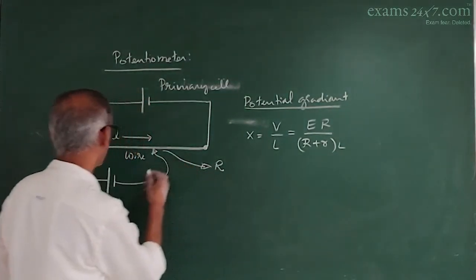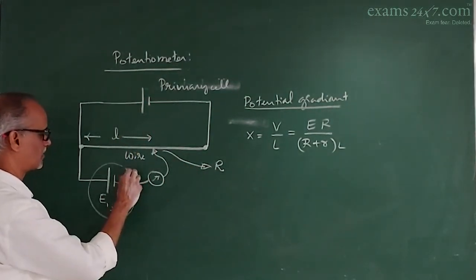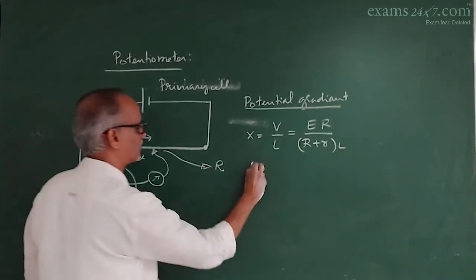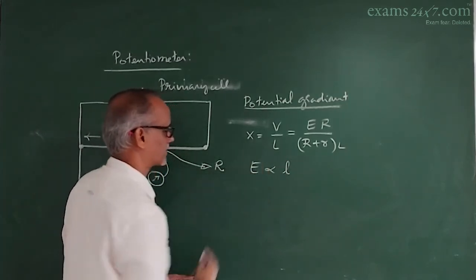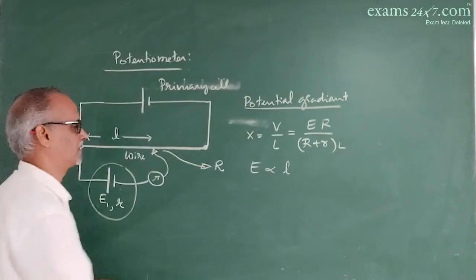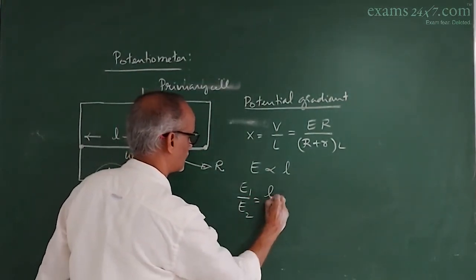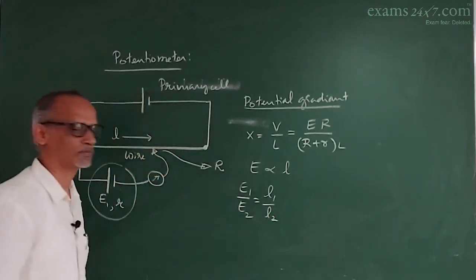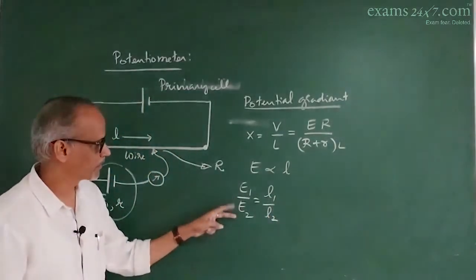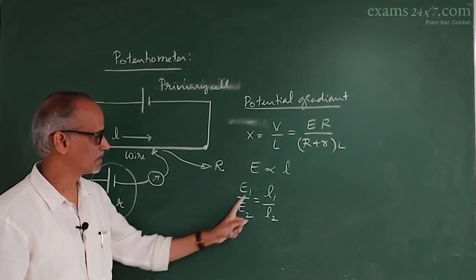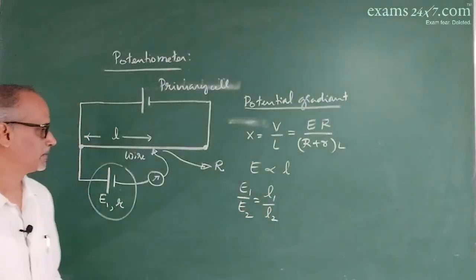Now here the EMF of the cell to be measured is directly proportional to the balancing length, and that's why the ratio of the EMF E1 by E2 is equal to L1 by L2. This is for two different cells. E1 by E2 is equal to L1 by L2.